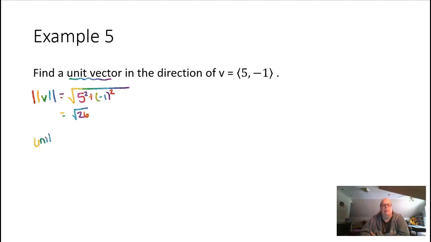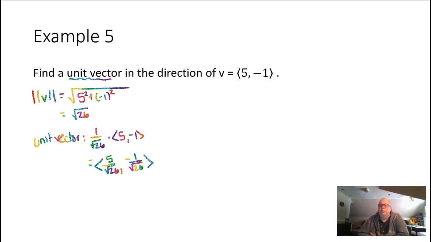Now, the unit vector is just my vector divided by its magnitude. So essentially, I'm going to have 1 over the square root of 26 times the vector v, +5, -1. And that's going to give me the vector positive 5 over the square root of 26, comma, negative 1 over the square root of 26.